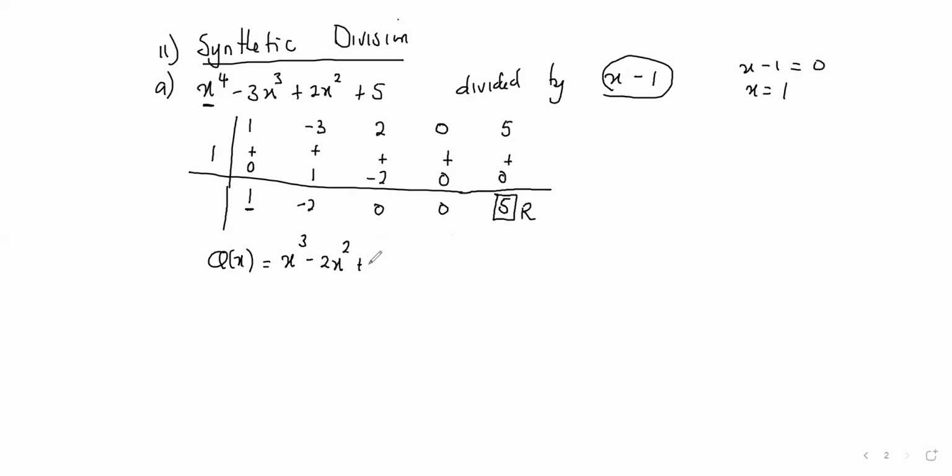And then the other one was supposed to be 0x plus 0, the constant, with the remainder being 5. But there's no need of writing 0, so we just write it like this. So this is the quotient, and this is the remainder. So you see, the remainder is not supposed to be 0 always. It can be 5.